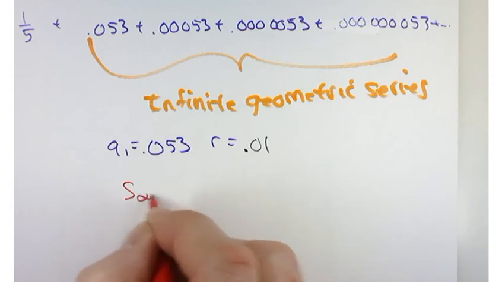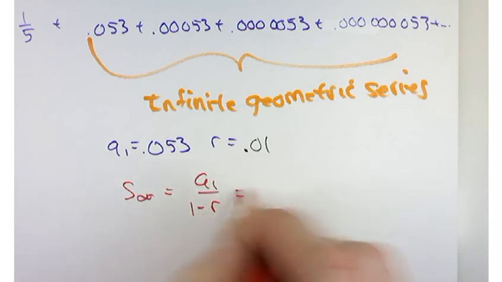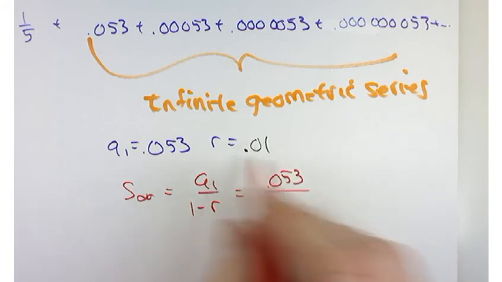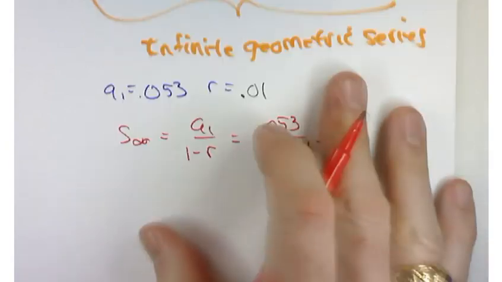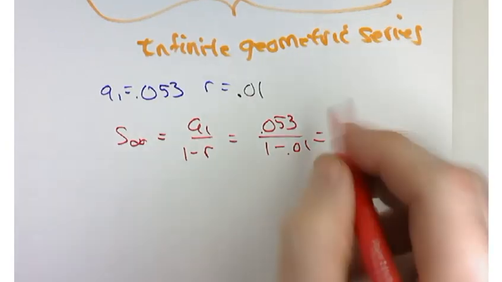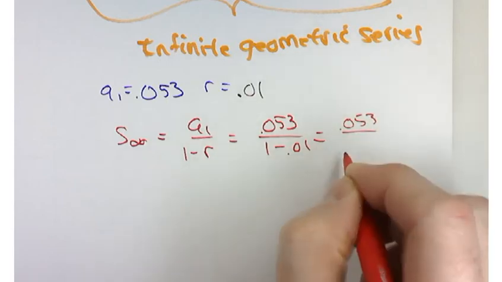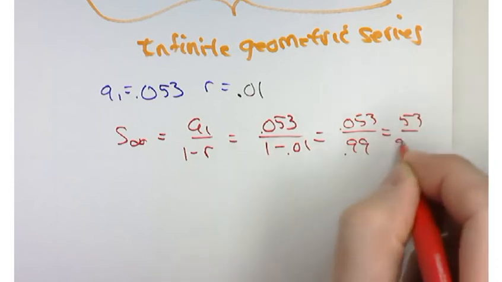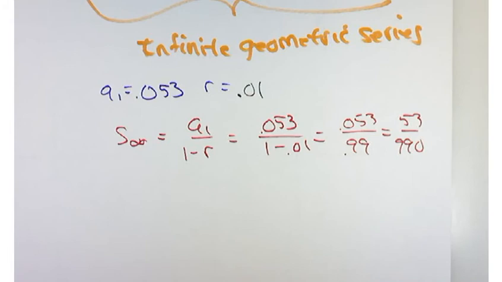S sub infinity is a sub 1 over 1 minus r, which is 0.053 divided by 1 minus 0.01. So it's going to be 0.053 divided by 0.99, and that's going to be 53 over 990. You can get that off your calculator.